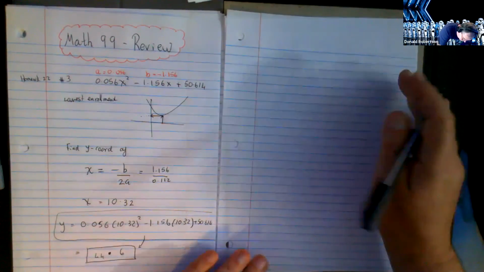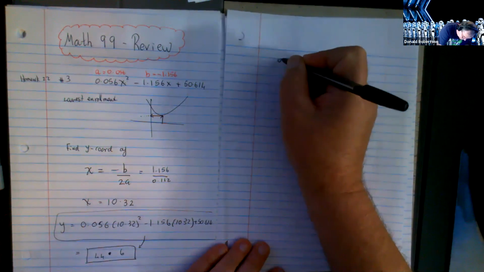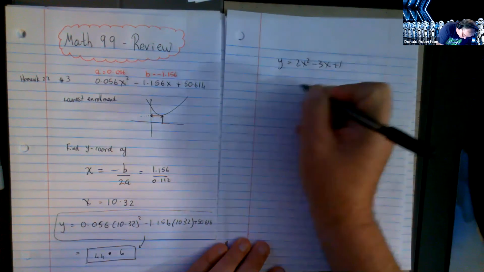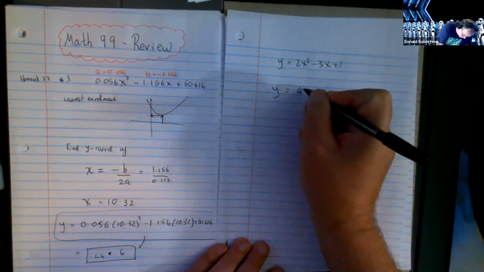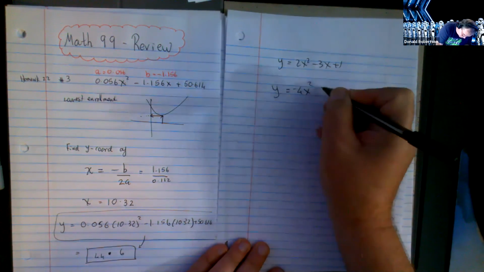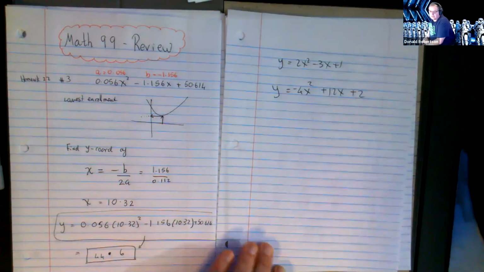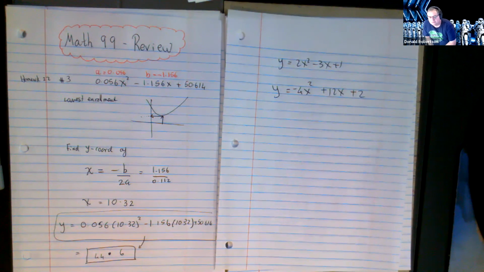Okay. On quadratics, how about this? There are two quadratics with random digits. Which one of them is concave up?